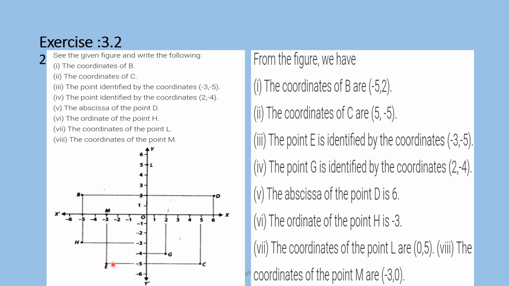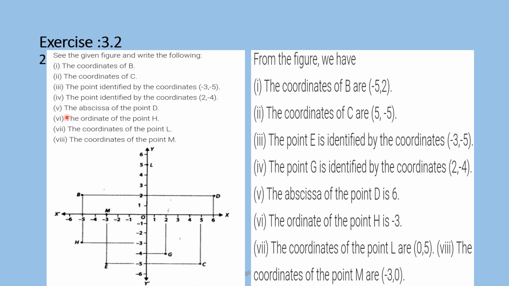So the point is E. Question number 4, the point identified by the coordinate 2, -4. That will be in the fourth quadrant, and x coordinate is 2 and y coordinate is -4. Therefore, the point is G. So you can write the point G is identified by the coordinate 2, -4.